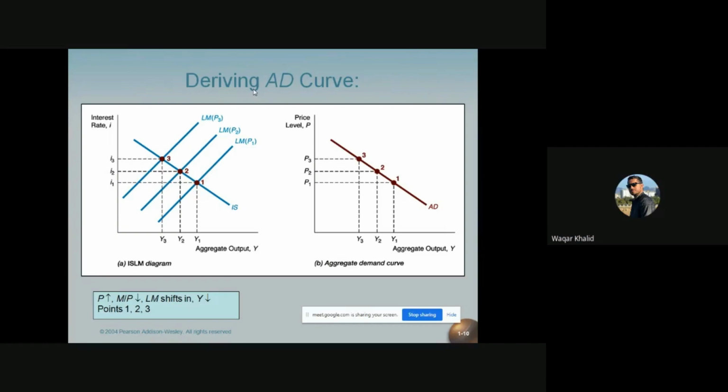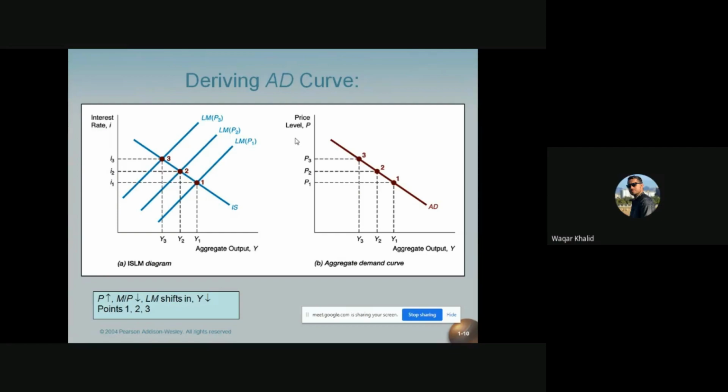Why will the LM curve shift back? Because the real quantity of money, or the real money balance, has decreased. That's why the curve will shift from LM P1 to LM P2. The effect on the LM curve is identical to a decline in the nominal money supply when the price level is fixed. The LM curve will shift leftward from LM P1 to LM P2.